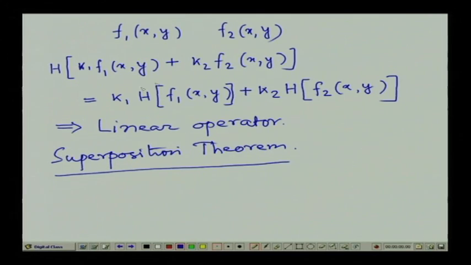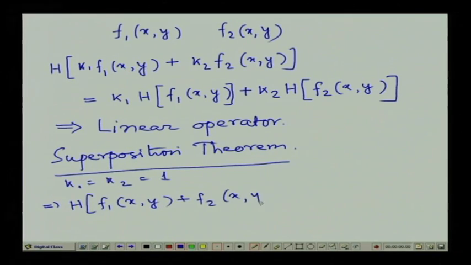Now, using this same equation, if I set k1 equal to k2 equal to 1, then the same equation leads to H[f1(x,y) plus f2(x,y)] is nothing but H[f1(x,y)] plus H[f2(x,y)].